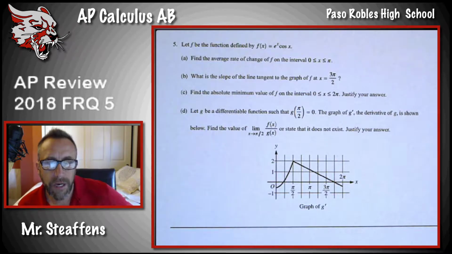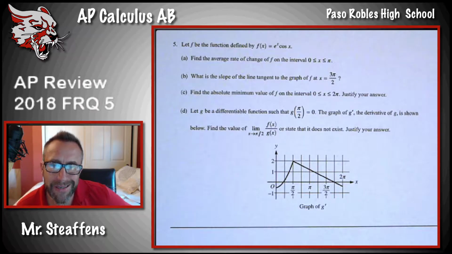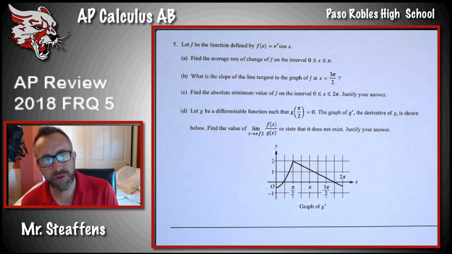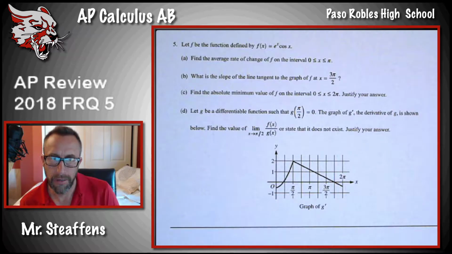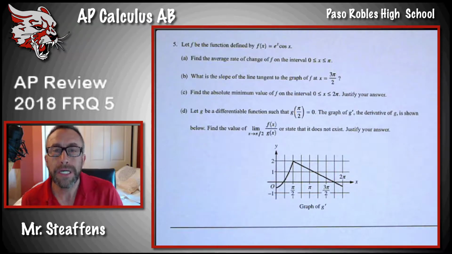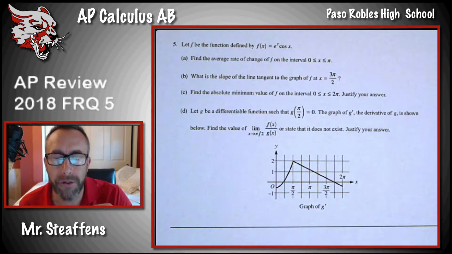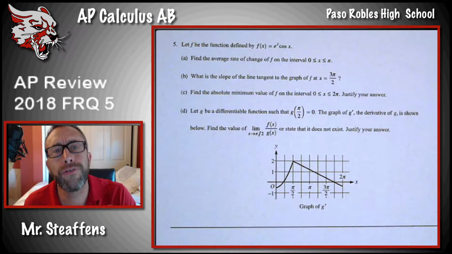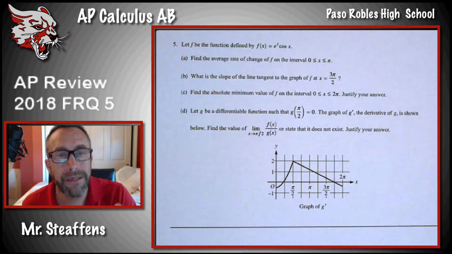So here we go. Part 1 says, I'm going to give you this function, and then I need you to find the average rate. So when it says, I need the average rate, be careful. Students see average rate, and they're like, oh, I'm going to use the average value function. No. If they give you the rate equation, and they tell you to find the average rate, yes, use the average value function.